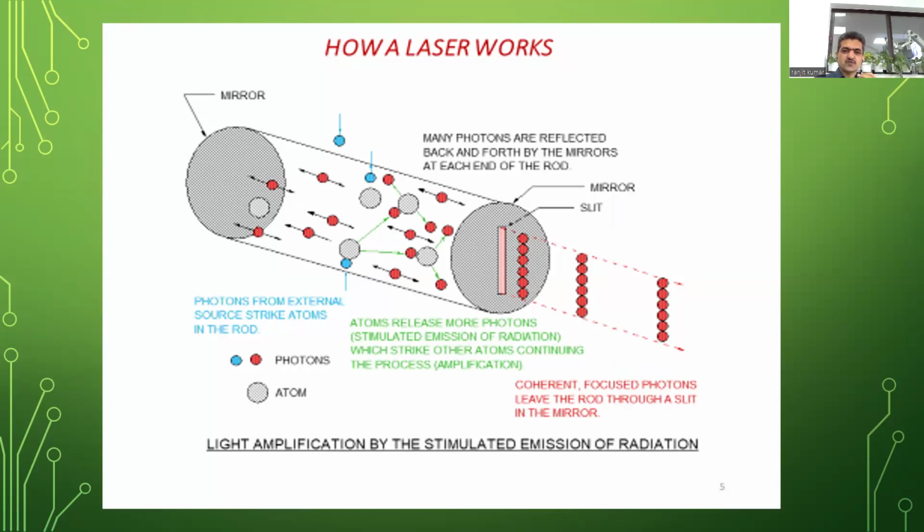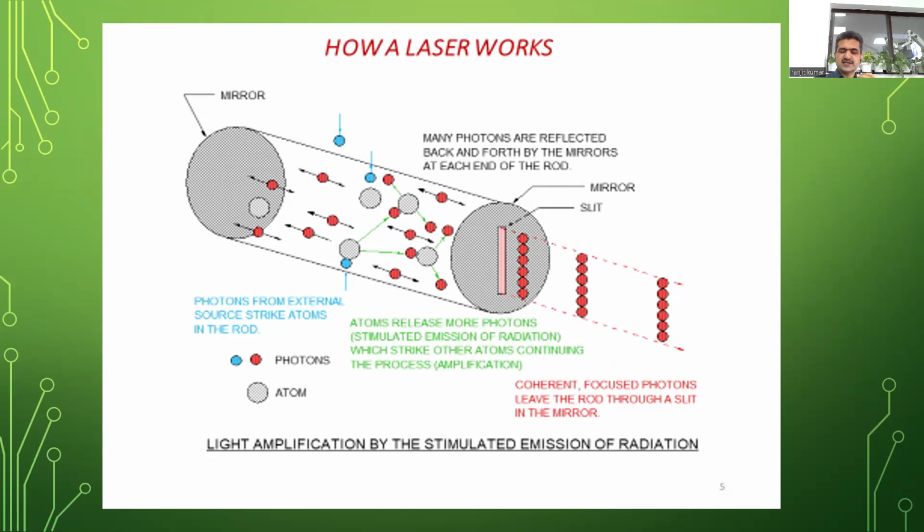These photons move back and forth, hit the mirror, and reflect from the mirror. Atoms release more photons, which strike other atoms, continuing the process, and many photons are reflected back and forth by the mirror at each end.